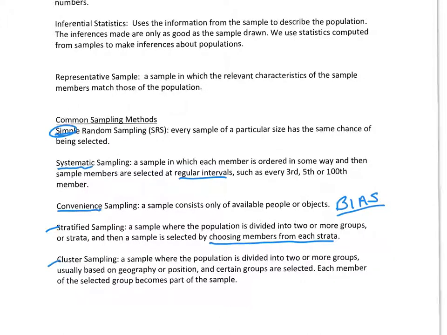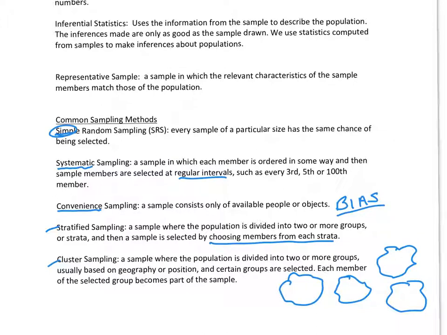group. Think of a cluster, like a nut cluster. That's a cluster, and we've got this candy laying all over the place. Stratified says if I've got these groups, I would take 2 from each group.